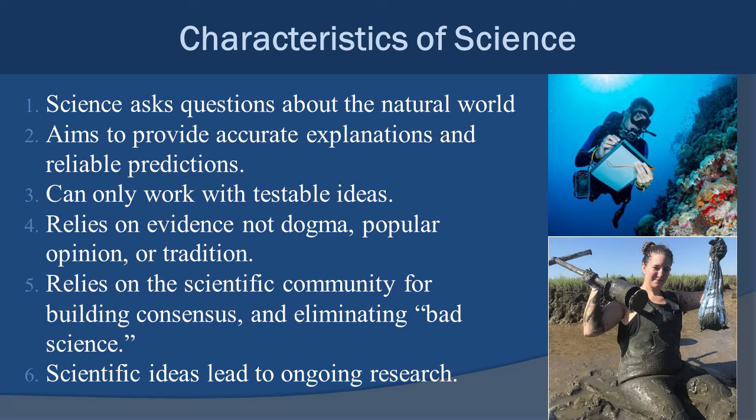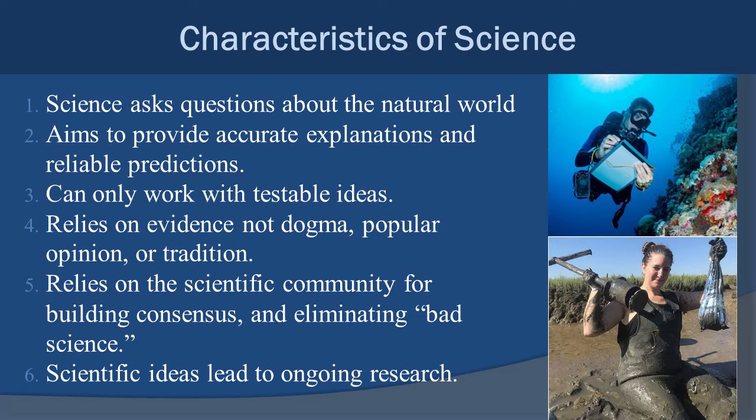And everybody gets to read it, dissect it, and try and determine whether or not a particular study was done correctly, if maybe somebody missed something, and then allows other scientists to follow in the footsteps of others and retest these ideas to see if they can disprove them. This process helps to eliminate bad science, but it is also a very lengthy process. Science takes some time, and this is also something that people don't always understand.